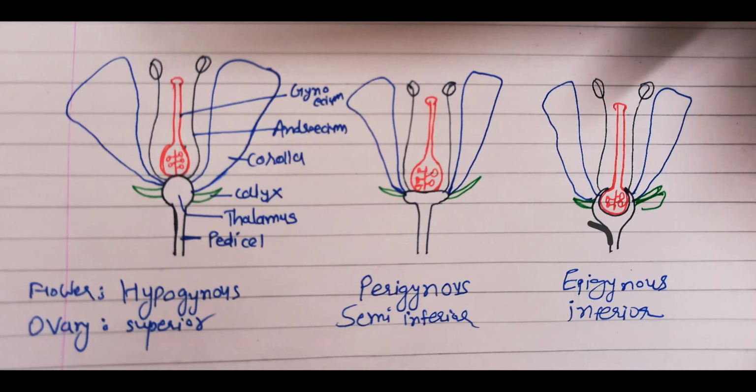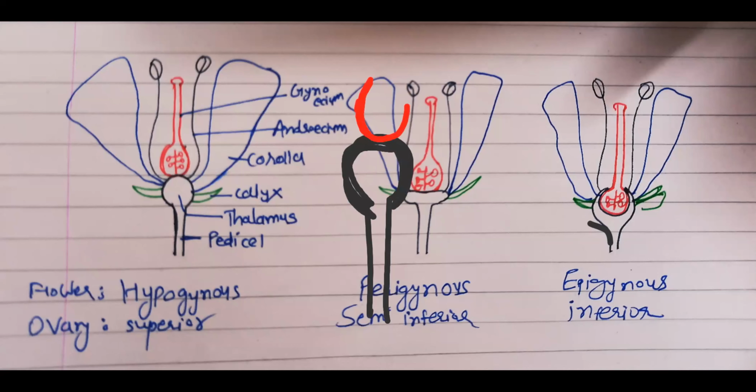Now, if it is a dome shaped thalamus, we call which one? Dome shape, this one we call the dome shaped thalamus. So in that, always remember, where is the ovary? The gynoecium part is at the center: stigma, style and ovary. Then here is the stamen part.